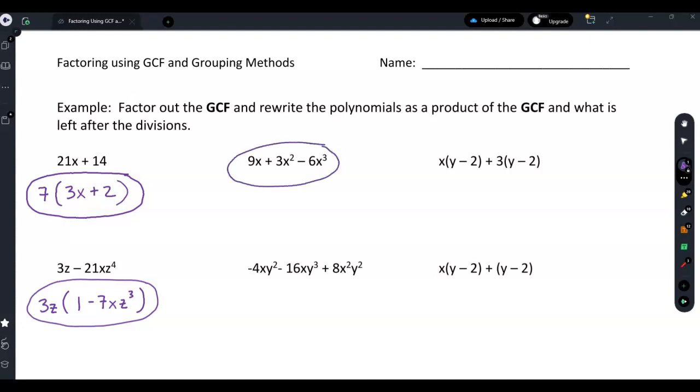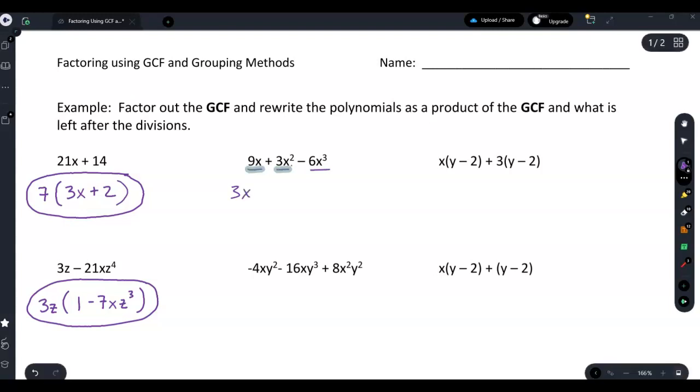So this next one has 3 terms. Looking for the GCF, I'm looking for what all 3 of these have in common. In this case, I can factor out a 3, but I can also factor out an x. The first term has 1x, the second term has x squared, the third term has x cubed. So if there's 1, 2, and 3 x's, then they all have at least 1 in common.